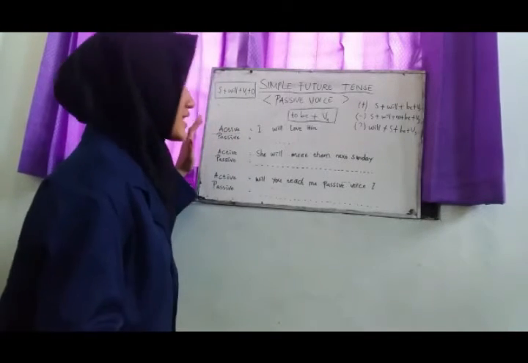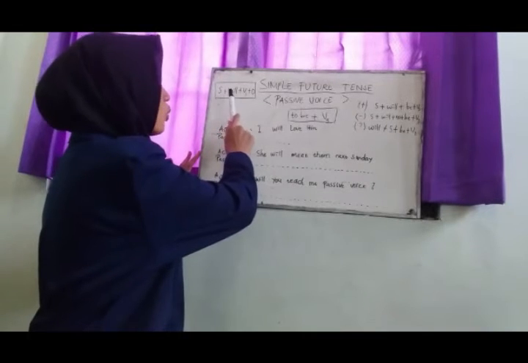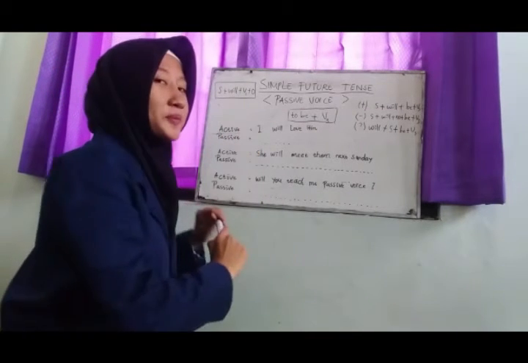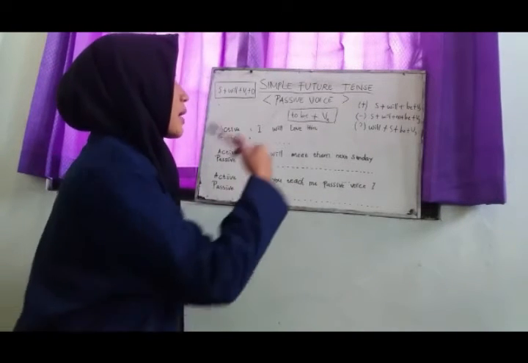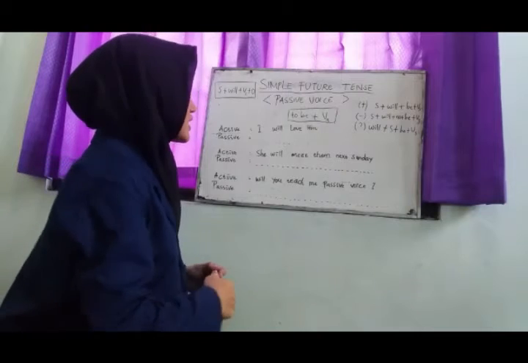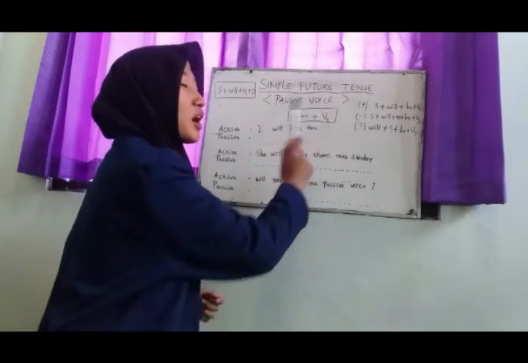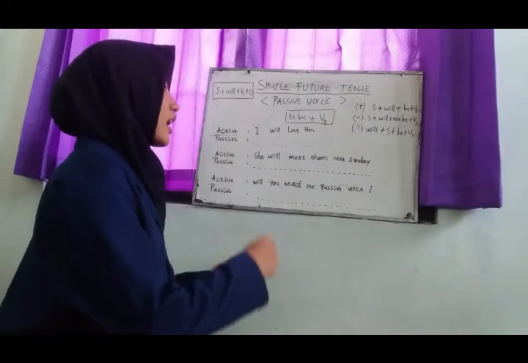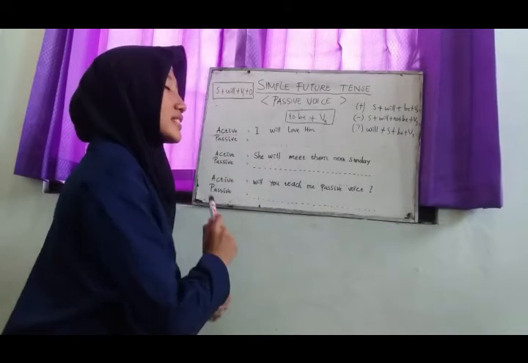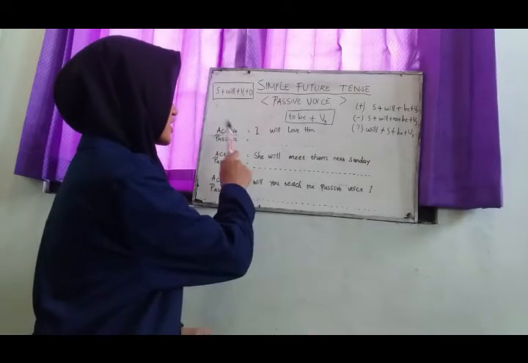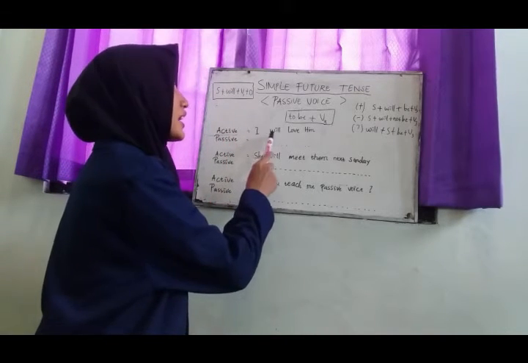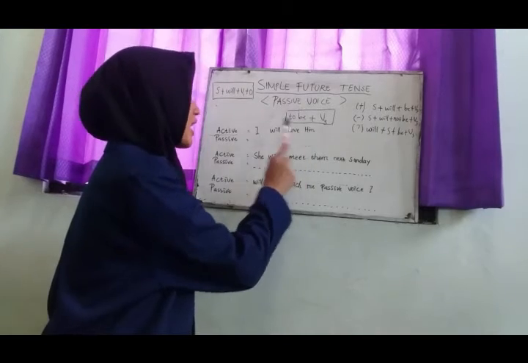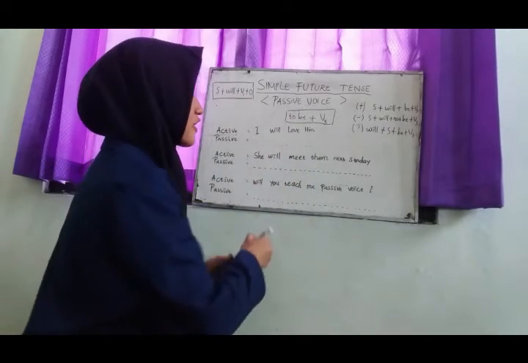Simple future tense has subject, will, verb 1, and object. But in passive sentence, we need to be and verb 3. I have 3 sentences here. The first sentence is I will love him. This is the positive sentence.